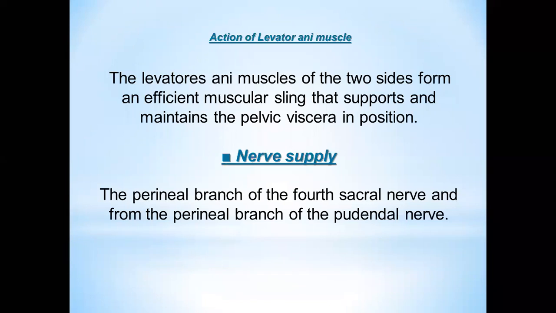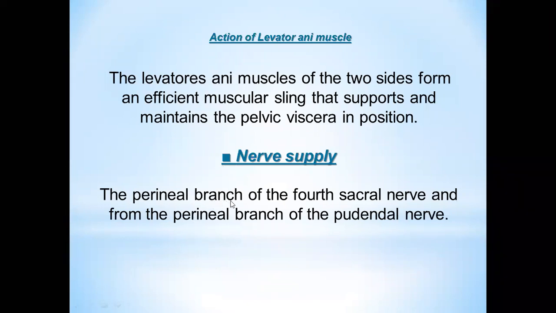Now, what is the action of the levator ani muscle? The levator ani muscles, from the right side and from the left side, form an efficient muscular sling that supports and also maintains the pelvic viscera in position. So it has two functions: not only supporting, but also maintaining the position as well. Then we have the nerve supply of the levator ani muscle.